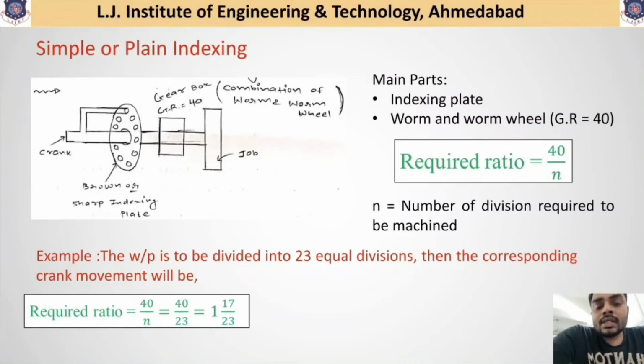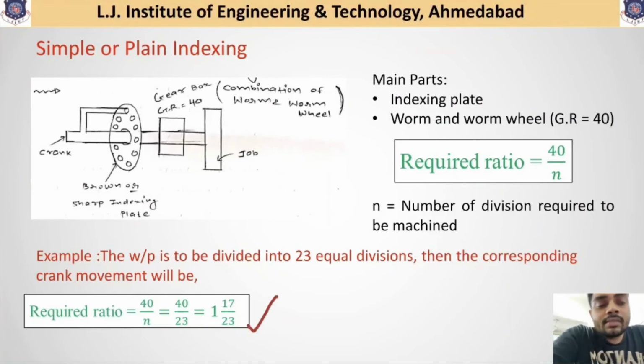1 and 17 divided by 23. So what is the interpretation of this particular value? To interpret this, keep it in mind very clearly.